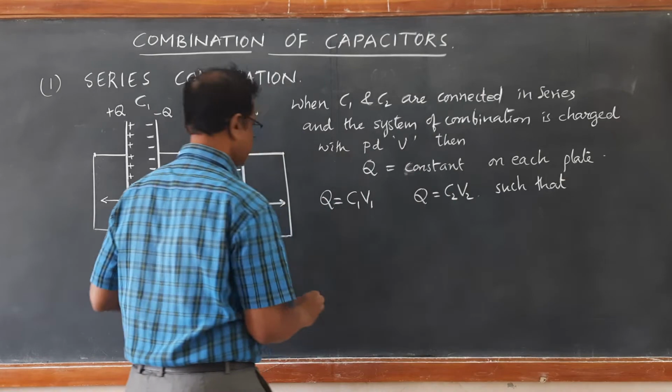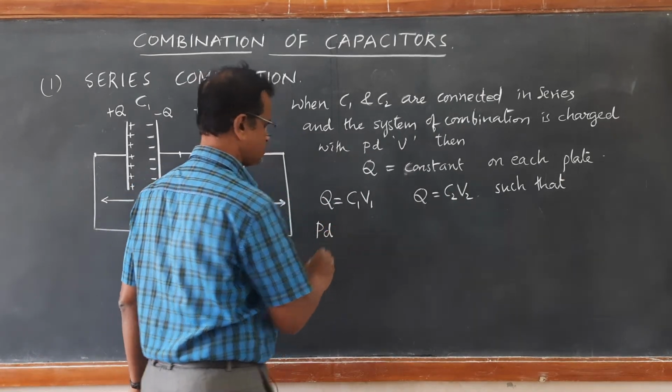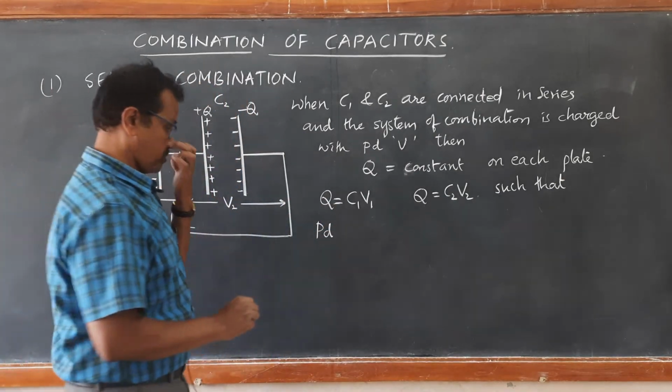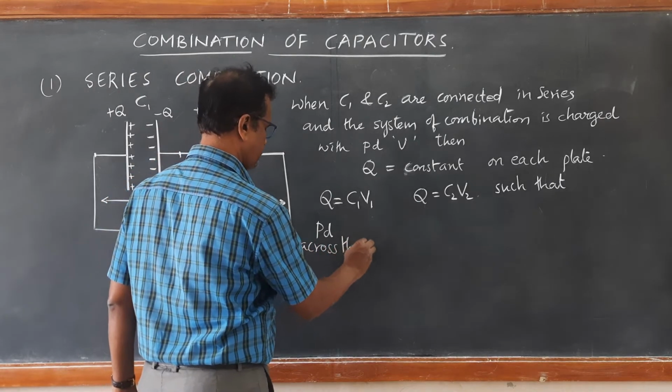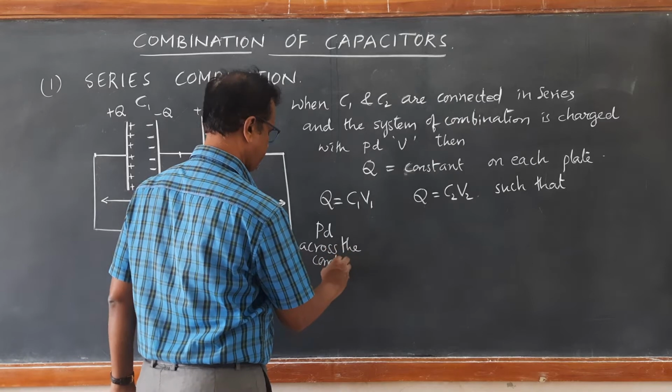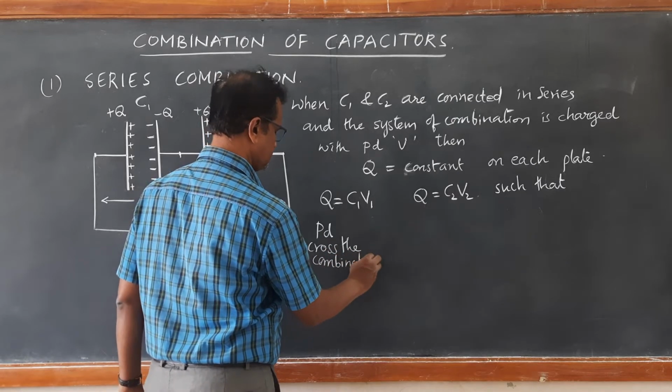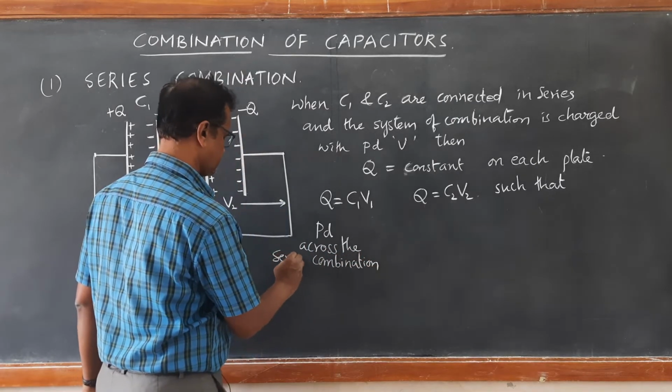The potential difference across the combination, which combination is this? Across series combination.